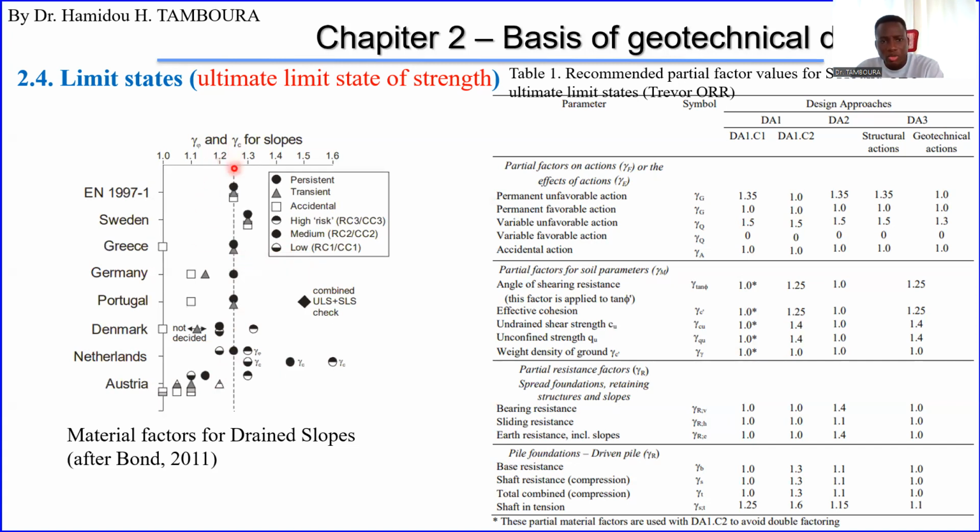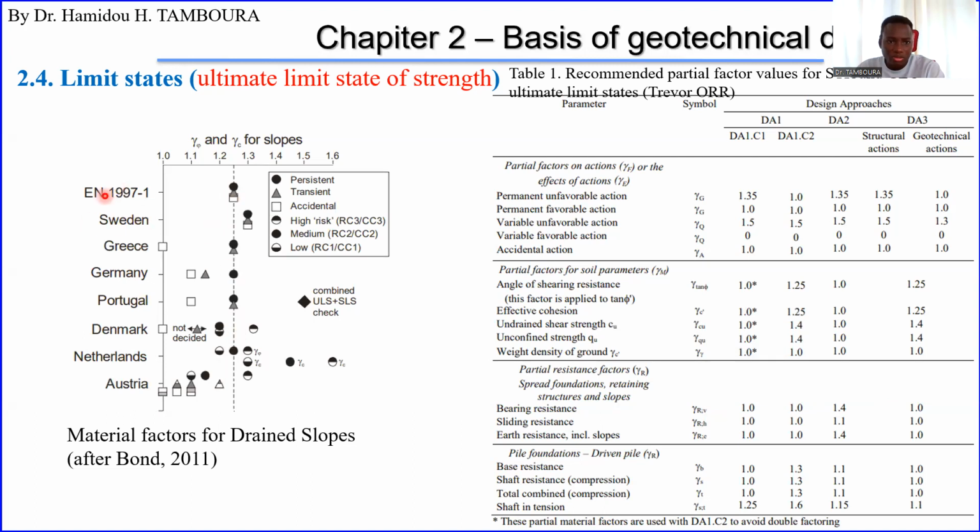So the value proposed by Eurocode for this gamma phi is this one, tangent phi actually. Gamma C is this, in case of drained slope. These two, for example, are the values proposed by Eurocode.